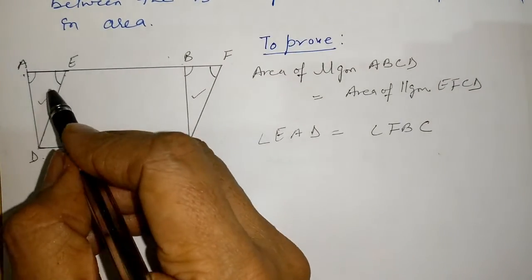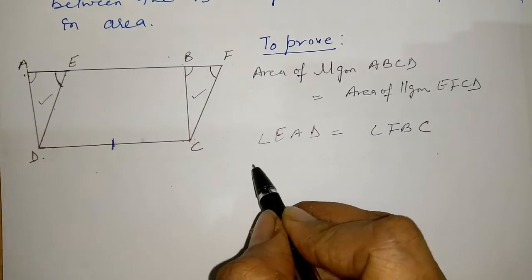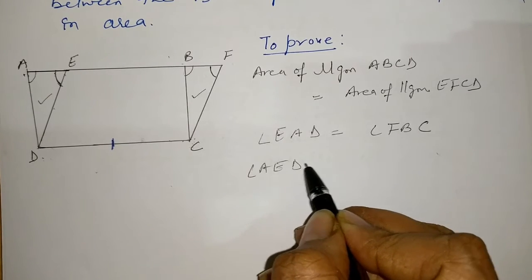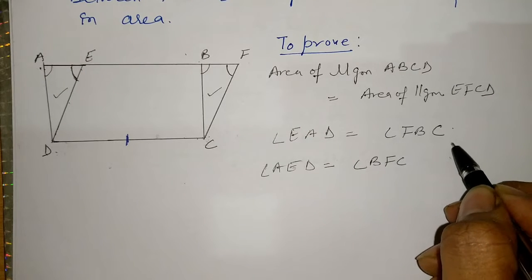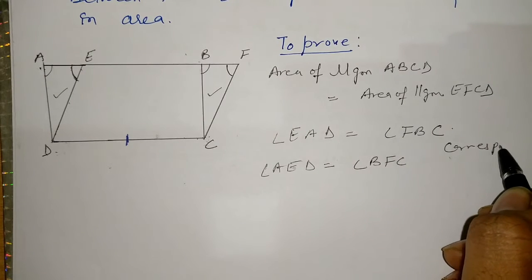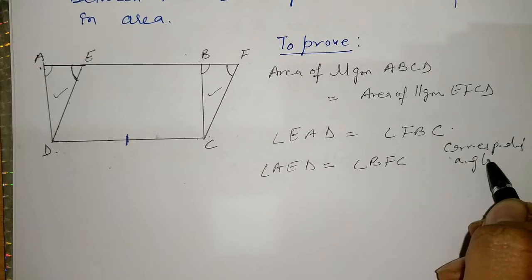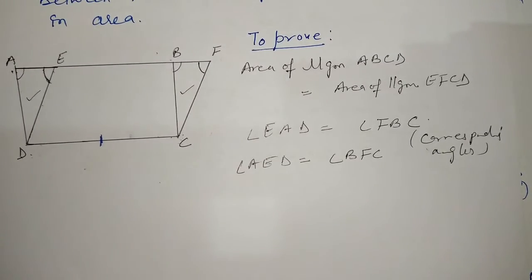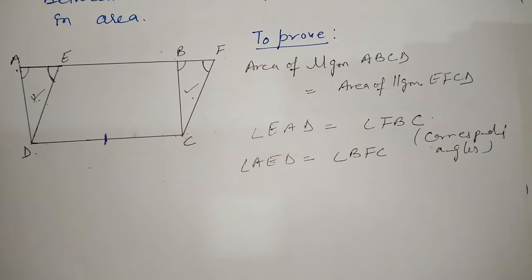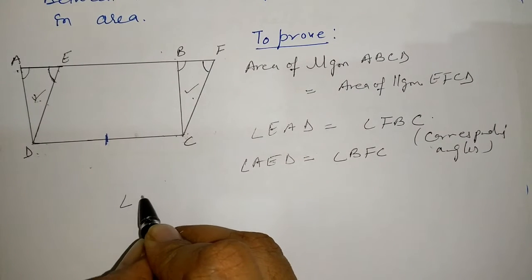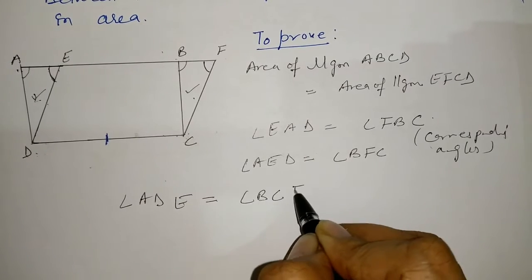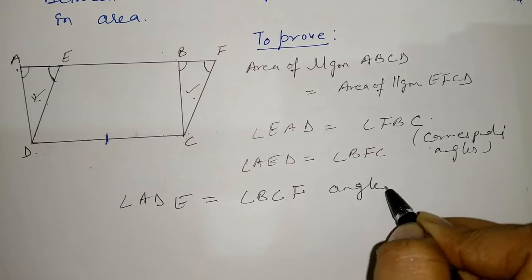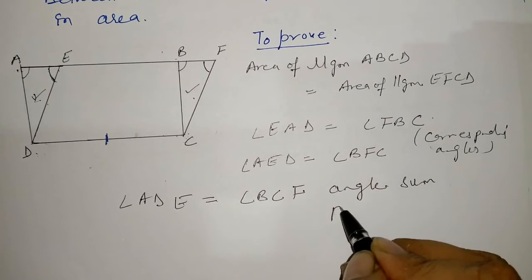Again, angle AED is equal to angle BFC, by corresponding angles. Now if you see these two triangles, if two angles are equal, the third angle will automatically be equal. That is, angle ADE will be equal to angle BCF by the angle sum property of a triangle.